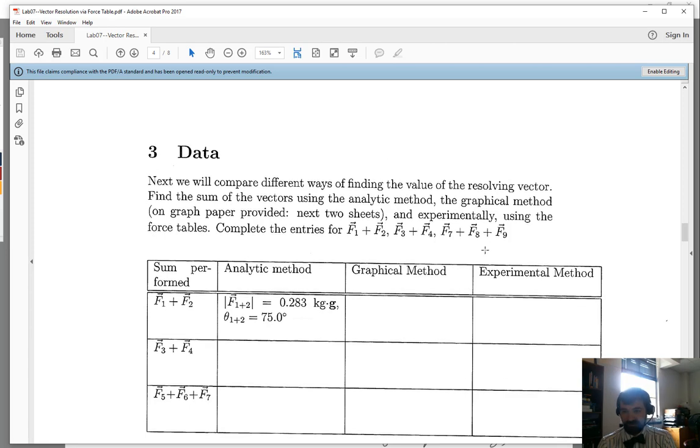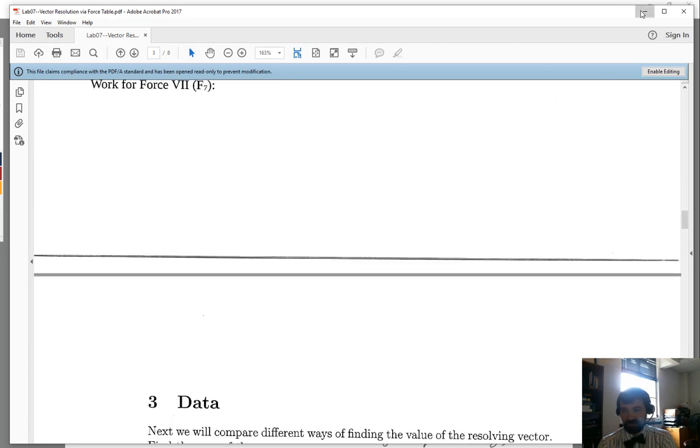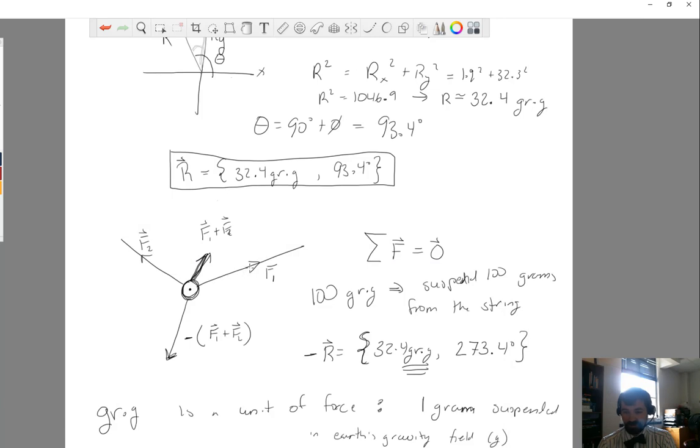The experimental method is that you're going to literally come to lab, you're going to hang actual weights from the strings, and then you're going to find how much weight you can hang from the third, or in the last case, fourth string, and still have the system balanced. And then where you have to put that string to make it balance.